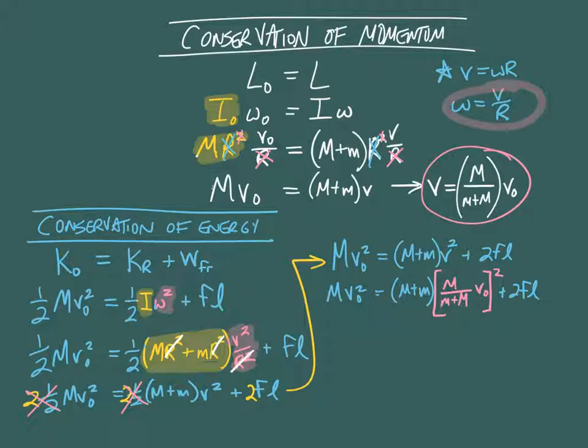Now, we can go through a lot of algebraic maneuvering, but here's what's going to happen. I'll skip some math here. V naught squared.